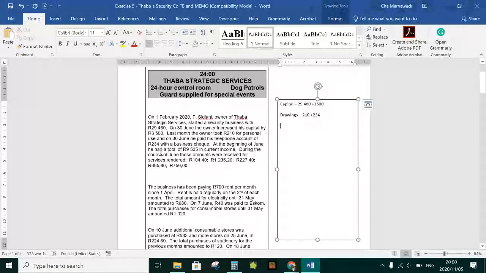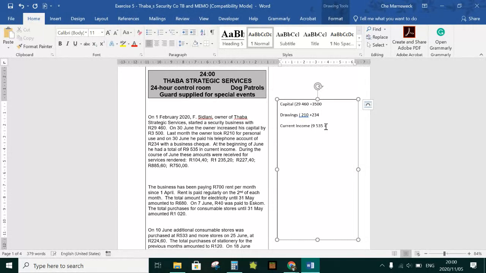At the beginning of June, he had a total of 9,535 in current income. They tell us not to use that sign, maybe that's confusing, just use brackets. So current income was 9,535. During the course of June, these amounts were received for services rendered.